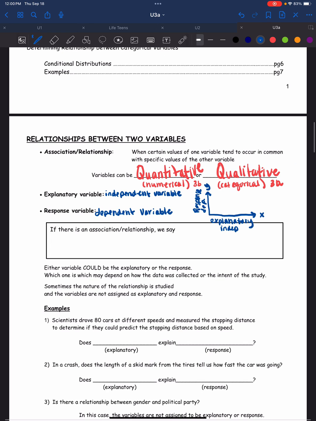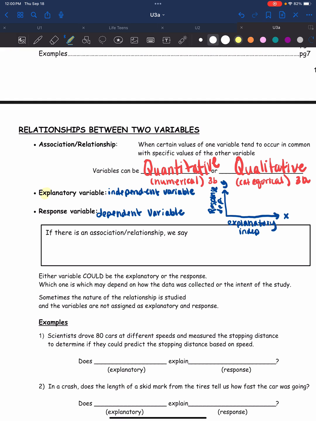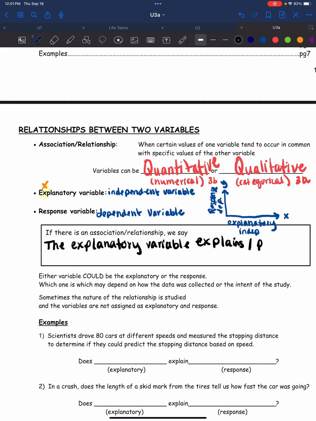Awesome. So again, an easy way to remember that, especially if you're looking at the x and explanatory, that'll help you to remind yourself that we're talking about the x-axis. And the reason we would care about these is, when we're curious about a relationship, we're always looking to see if the explanatory variable explains or predicts the response variable.